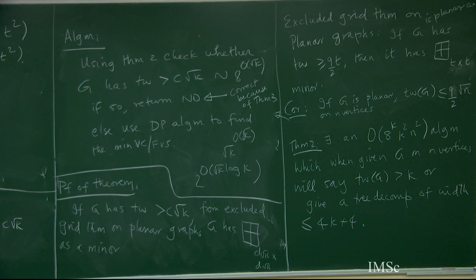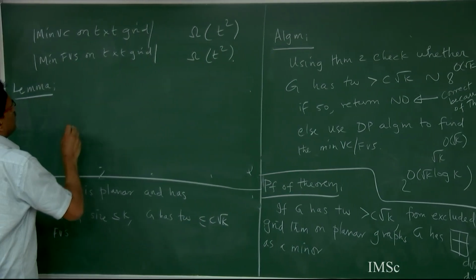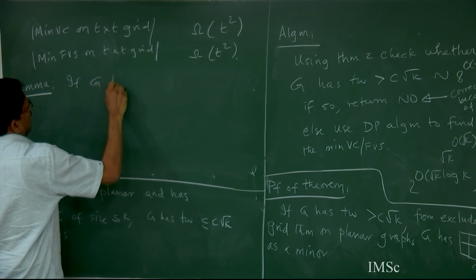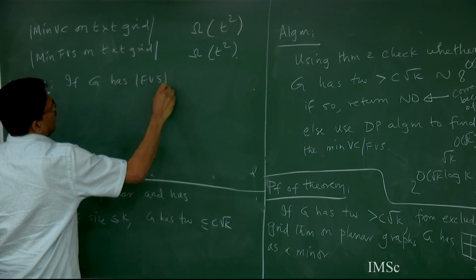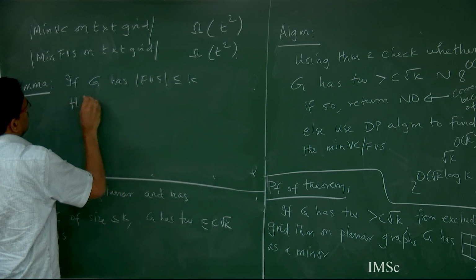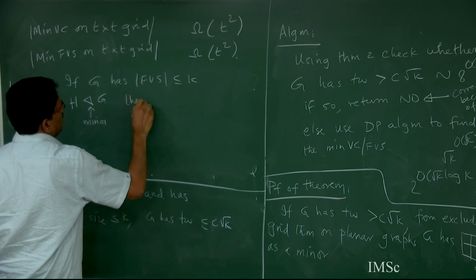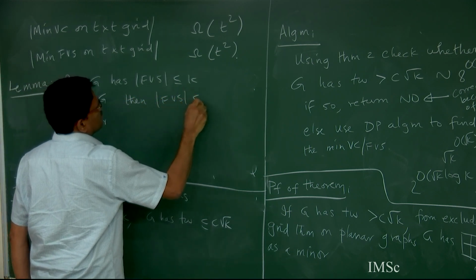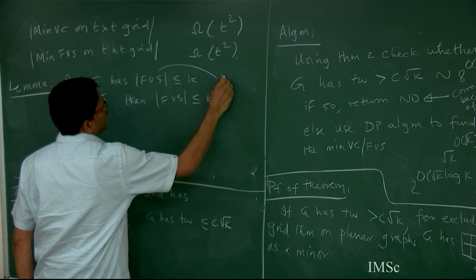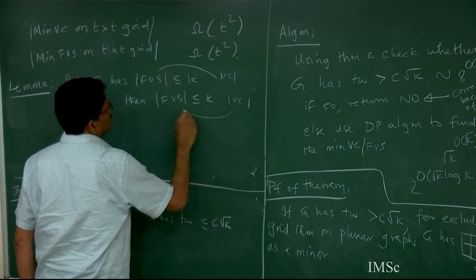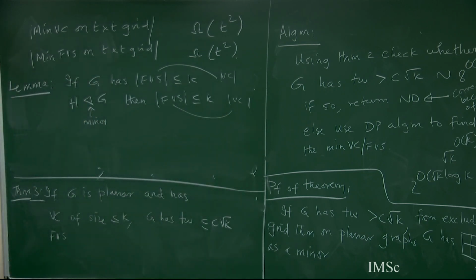So we need this little lemma. If H is a minor of G, let's use the symbol for minor, then size of the minimum feedback vertex set is less than k. And similarly, if you replace this by vertex cover, that's clear, right?